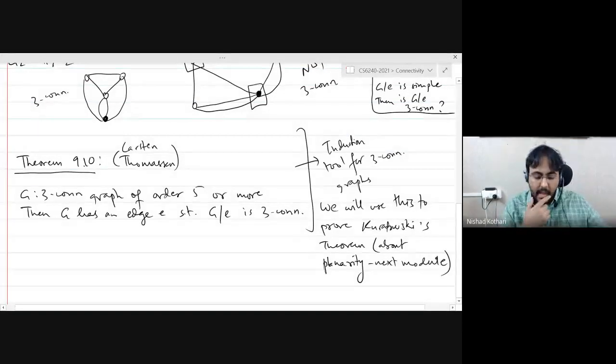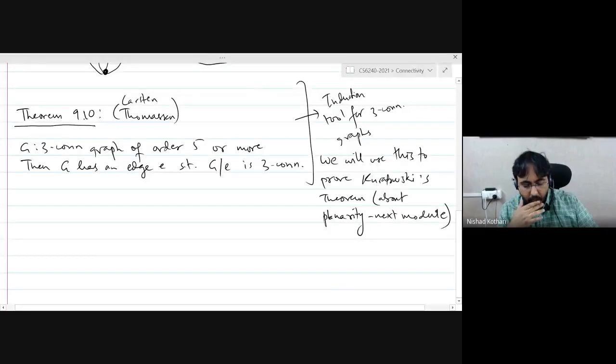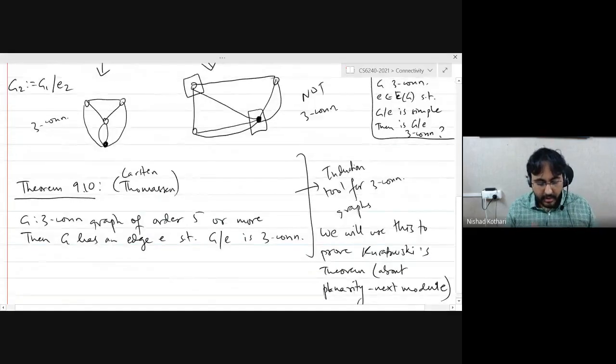Good. So I would like to prove this result, but just not today. Right now, I want to focus more on understanding this result and looking at it from a different viewpoint.